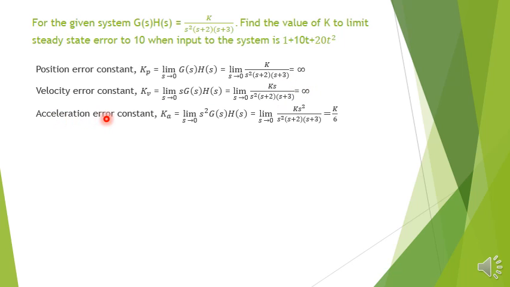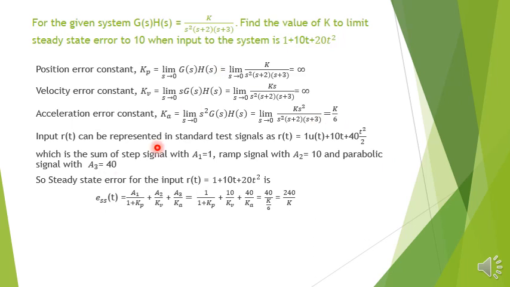Whereas the acceleration error constant Ka is equal to limit as s tends to 0 of s square times K divided by s square into (s plus 2) into (s plus 3). So s square gets cancelled, and if I apply the limit s equal to 0, I get K by 6.